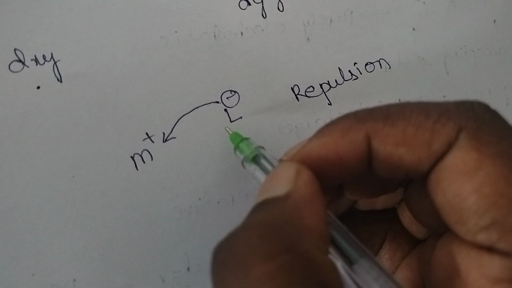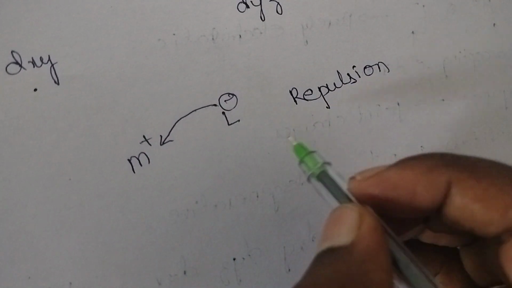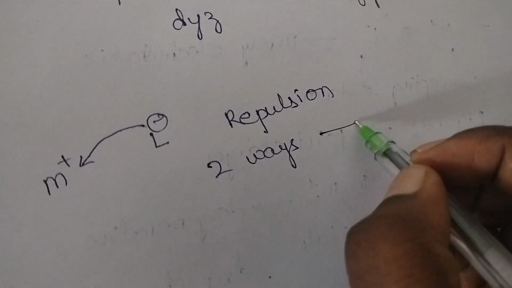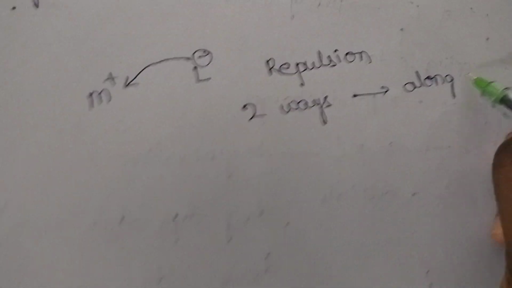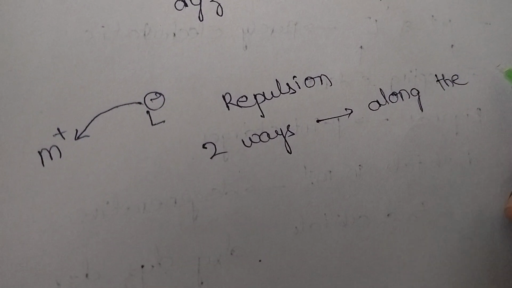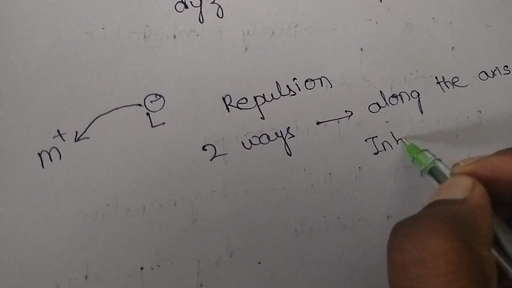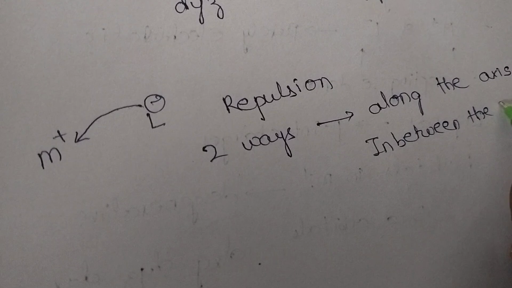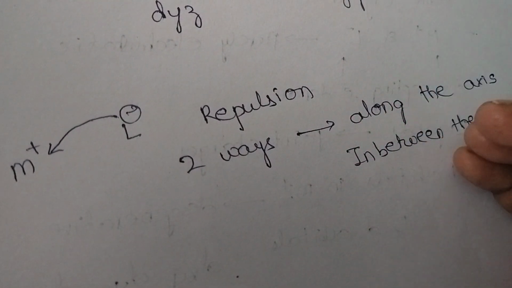So when the ligand approaches the metal ion, it can approach in two ways. What are those ways? First, it can approach along the axis, and it can also approach in between the axis. What is the criterion for deciding the path of the ligand?